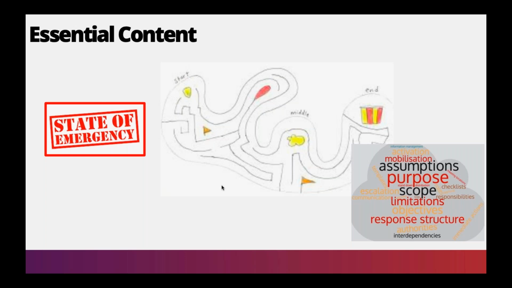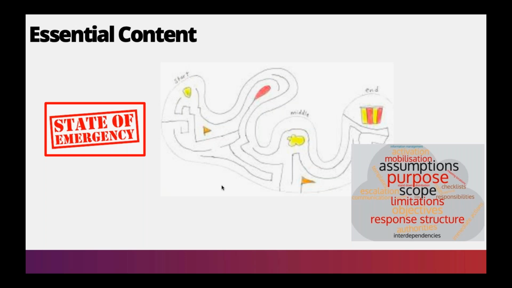Okay, so what do we include in the plan itself? The BCI Good Practice Guidelines has some really good information on some core content for the plans. It is really useful to have a look at that document to make sure that you're considering at the very least the different kind of content that your teams want to have. But do remember, the document is for a state of emergency.